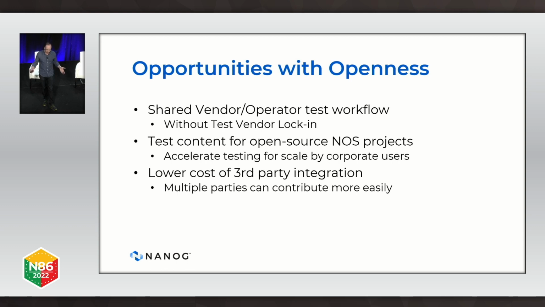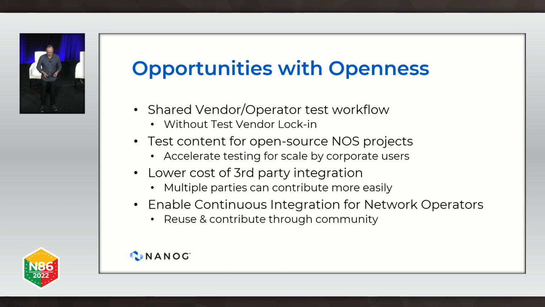If we have a common API, we make this job easier, and multiple people can contribute. And finally, the same goes for use cases in continuous integration, like change validation and data center validation, that people can freely share and publish as examples.